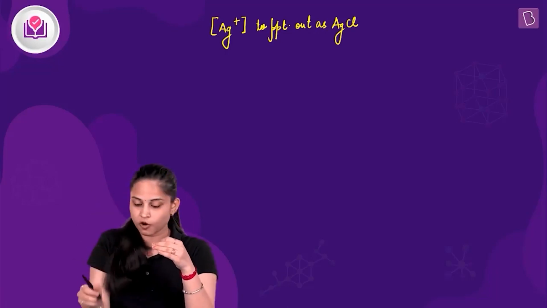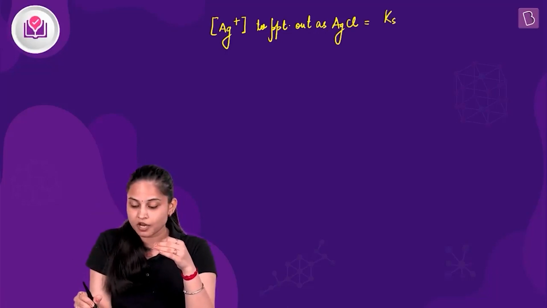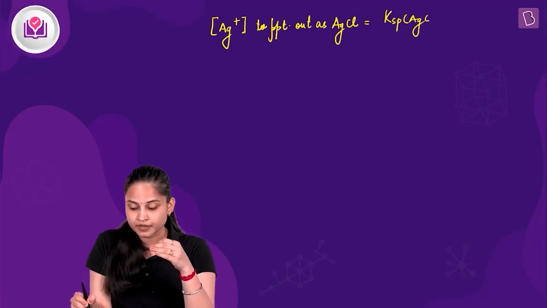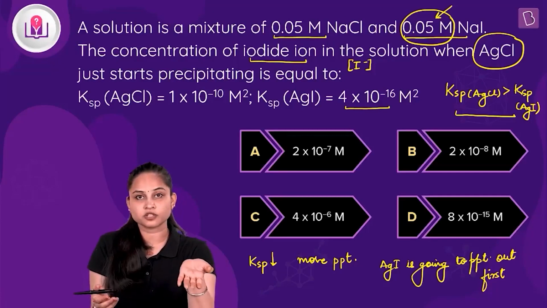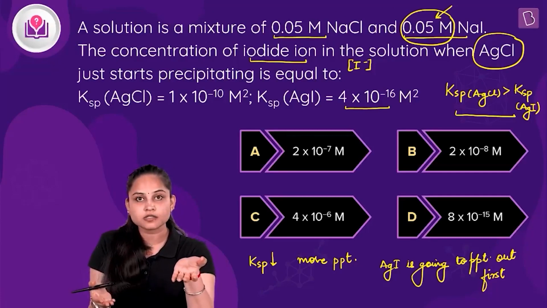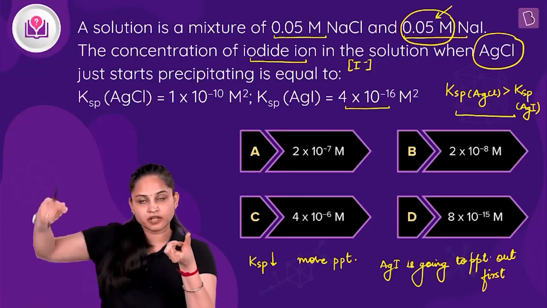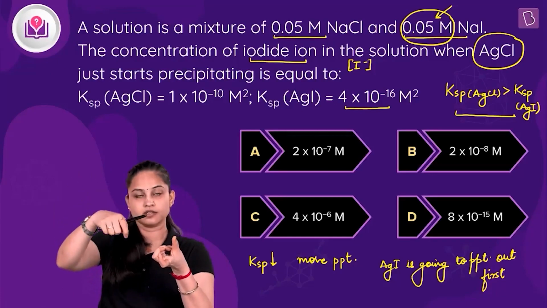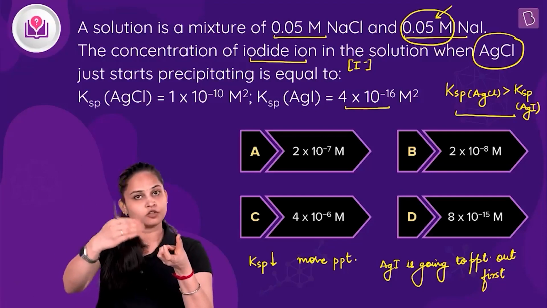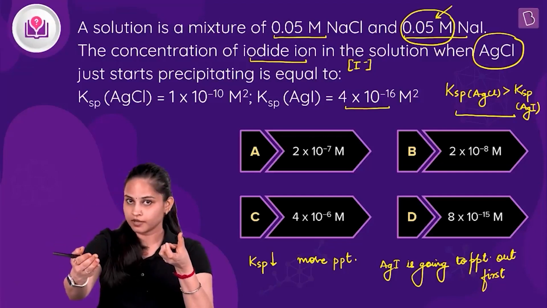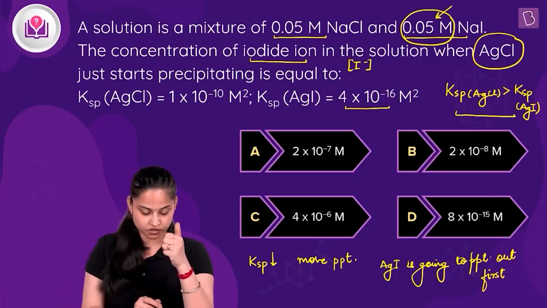It will be Ksp of AgCl divided by what? The molar concentration of NaCl, because when we pour in the silver solution, it will react with NaCl to form AgCl. So we'll be using this particular concentration.